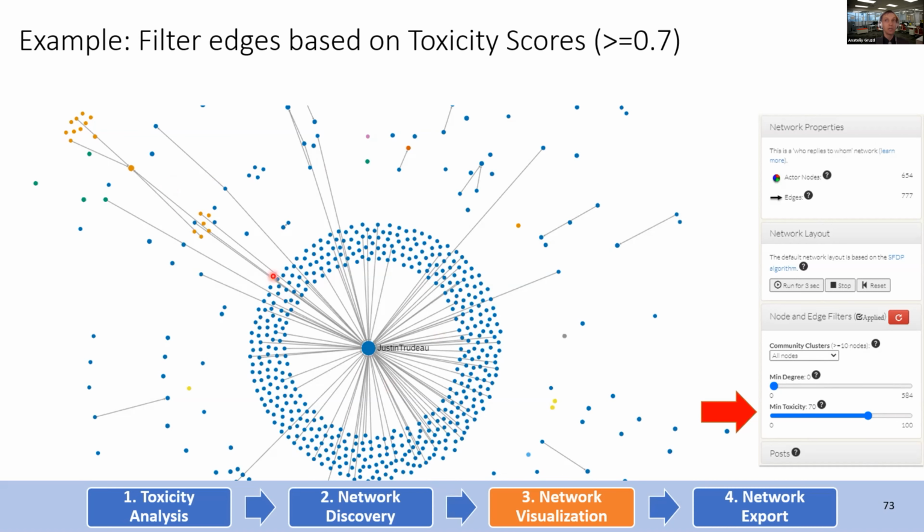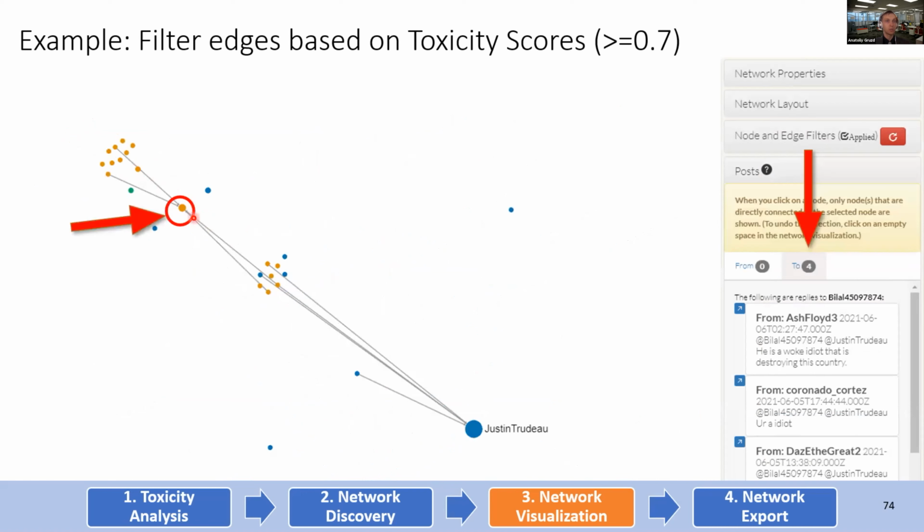Now, if you click on any of the nodes again, like this previous orange node we explored earlier, we can see that the messages shown here are from 0, meaning that the user actually did not send any messages considered to be toxic. But out of 25 messages that the user received, 4 of them were toxic.